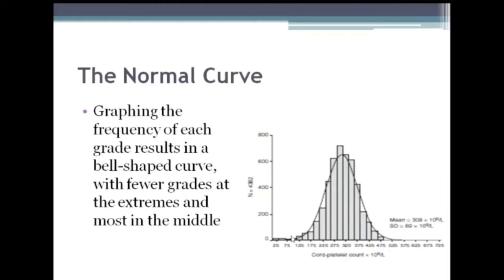Once you join the mean of each frequency bar, you will find it forms a bell-shaped curve, and this curve represents how the data you have collected from the normal population is distributed.